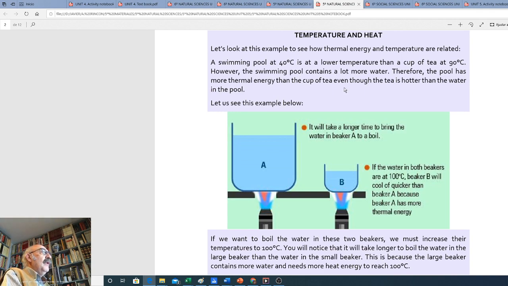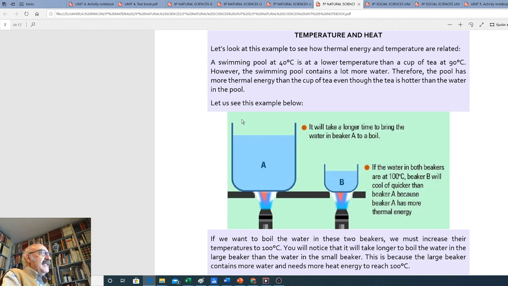Therefore, the pool has more thermal energy than the cup of tea, even though the tea is hotter than the water in the pool. Why is it? Because in a swimming pool there is much more water, much more mass. So, as there is more mass, more molecules, and more thermal energy.